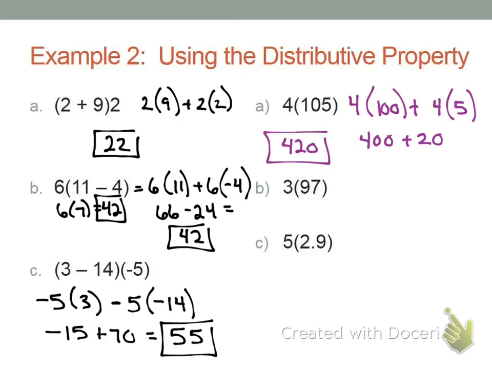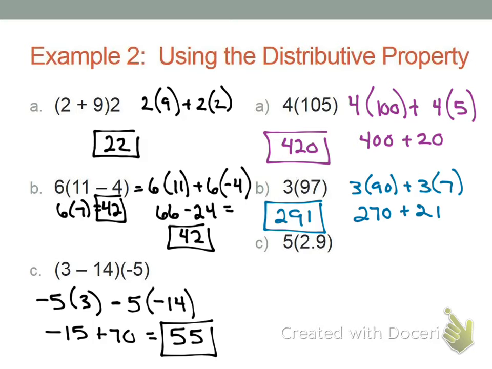How can I break down 97? Is there a way I could break down 97 and make it easier, Nate? 90 and 7. 3 times 90 plus 3 times 7. 270 plus 21 gives me 291. What about 2.9?